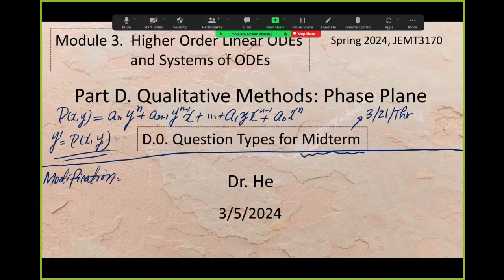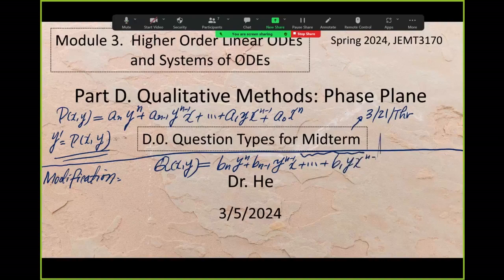For the modification, I define another polynomial, Q(x,y). P and Q. I call it b_n y^n, b_{n-1}, b_1 y, b_0 x^m.